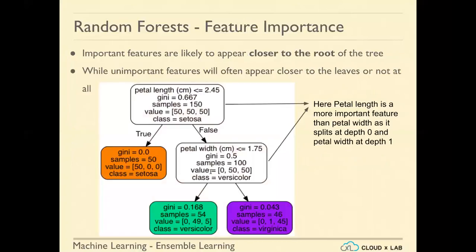Now, feature importance. Important features are likely to appear closer to the root of the tree. This is a very important aspect. Other than figuring out the predictions, we can also figure out which features are more important than others. If you want to look at our data and see which columns are more important, then we could use random forest for that, or decision trees can also be used.